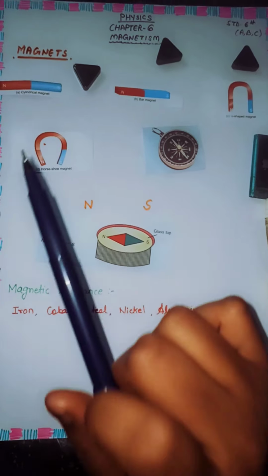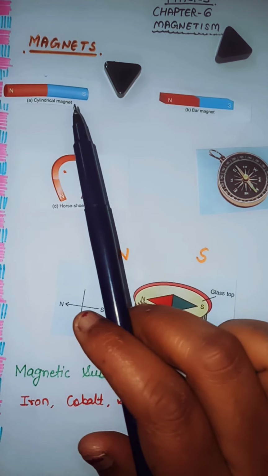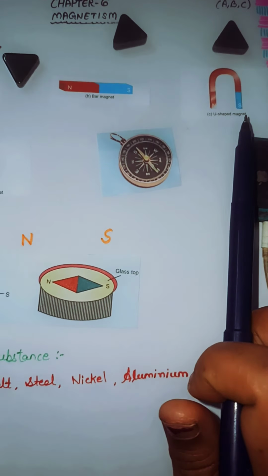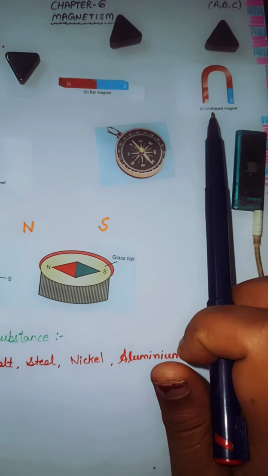In that topic we saw there are different kinds of magnets like the cylindrical magnet, ball magnet, and U-shaped magnet or horseshoe magnet. There are two names for this type of magnet.